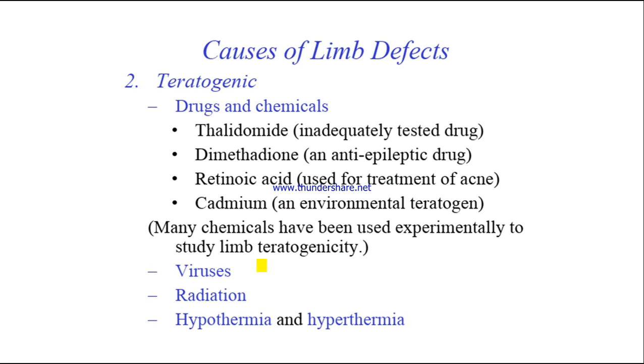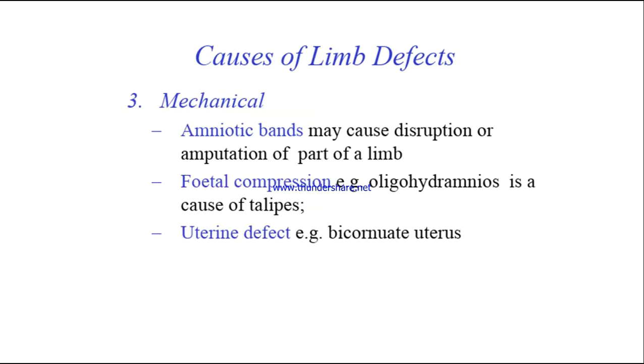Many chemicals have been used experimentally to study limb teratogenicity, as well as viruses, radiation, hypothermia and hyperthermia. Some of the mechanical causes include amniotic bands, which may cause disruption or amputation of part of the limb, or focal compression or fetal compression, e.g. oligohydramnios, a cause of talipes, and uterine defects, for example, bicornuate uterus.